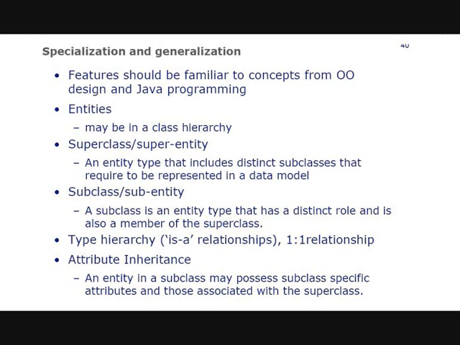So in this case, for example, we have the staff entity. That is the super entity. But within that, we have subclasses like the manager, the sales representative, and the secretary. There are subclasses of the superclass staff. And what we have is that what we're representing there is a hierarchy.